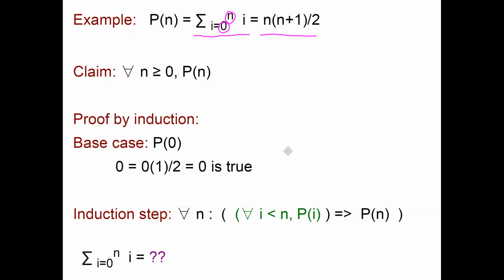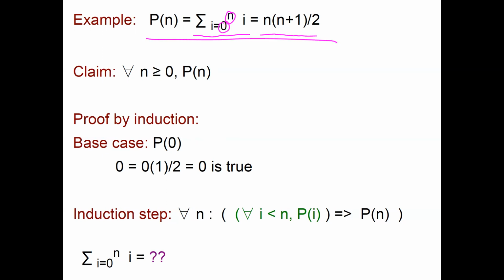This thing even has a slick proof by putting dots and completing this into a rectangle and counting the dimensions of the rectangle. But we will not see that. We're going to practice induction instead. So our claim is that for every n, P(n) is true, where P(n) is this claim here. We do a proof by induction.